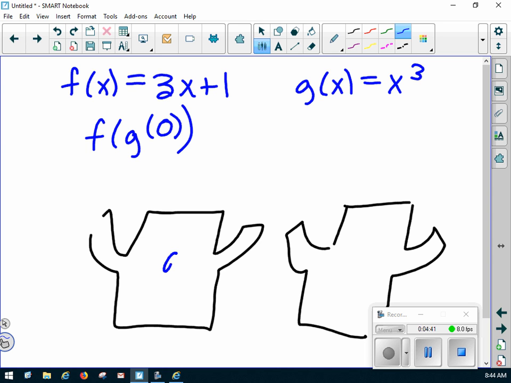G is first. What goes into g? 0. 0 goes into g. 0 cubed is 0. What goes into f? 0. That's it.